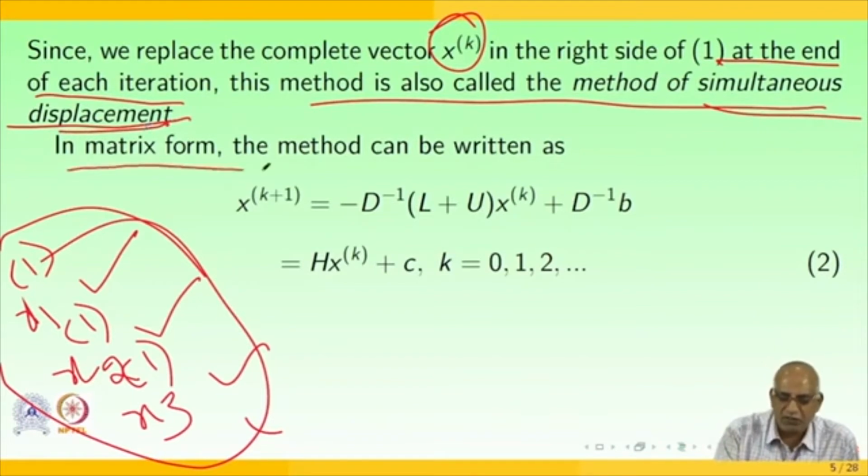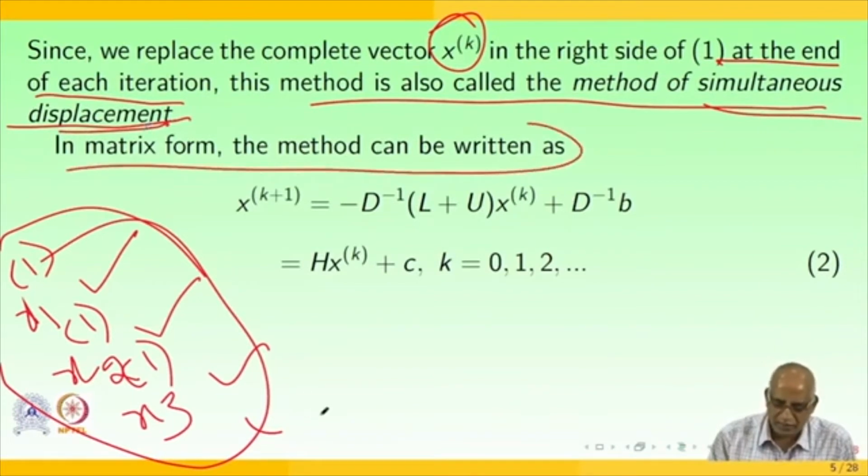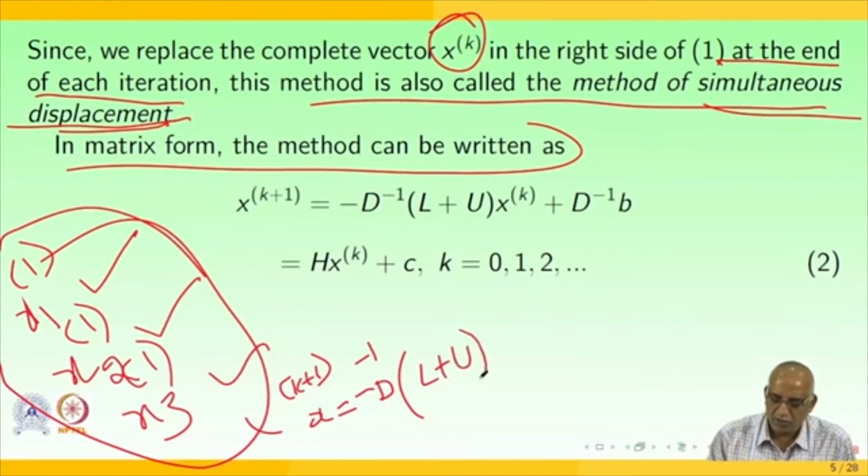So in the matrix form, we will write it as x of k plus 1 is equal to minus D inverse of L plus U times x of k plus D inverse of b.